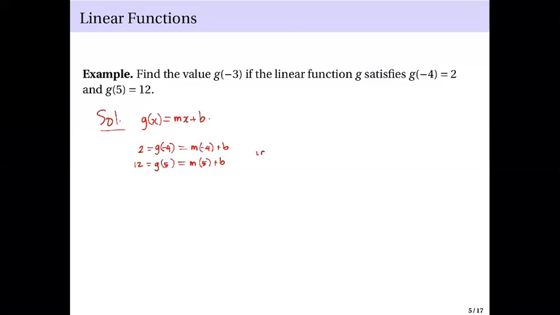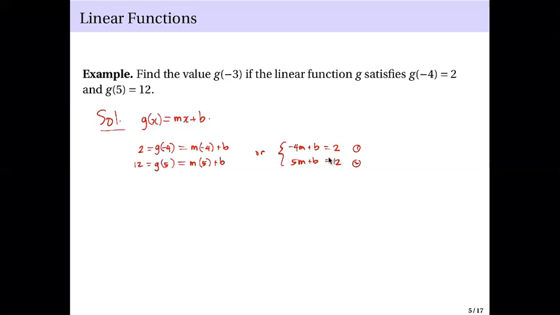Or let us rewrite this again as negative 4m plus b equals 2. And then you have 5m plus b equals 12. So again, let's write this as equation 1 and equation 2. And just like before, we will solve this by elimination. Okay?